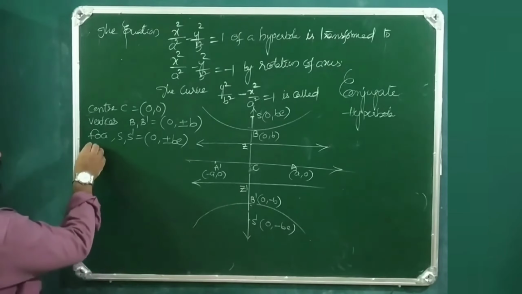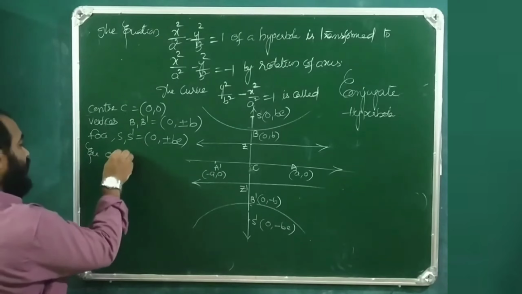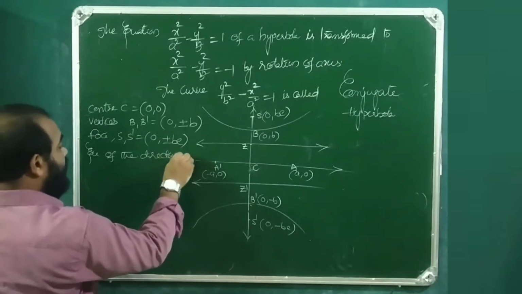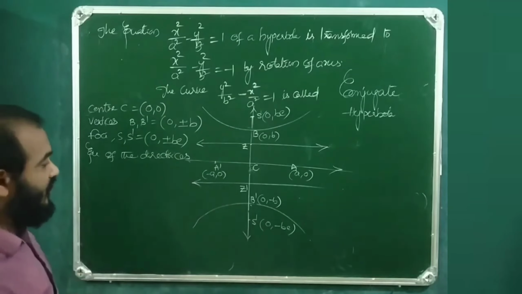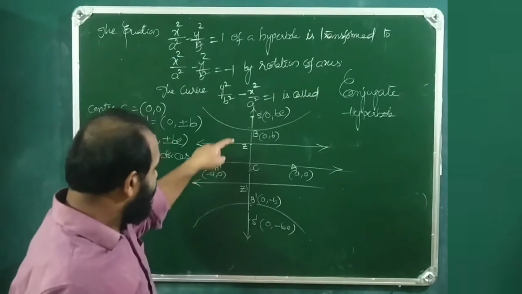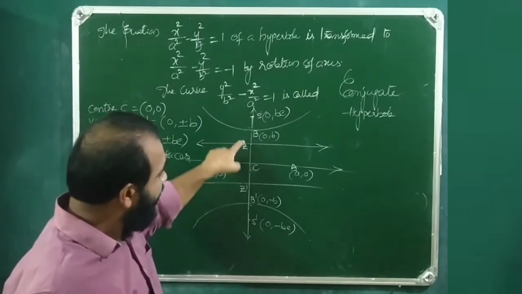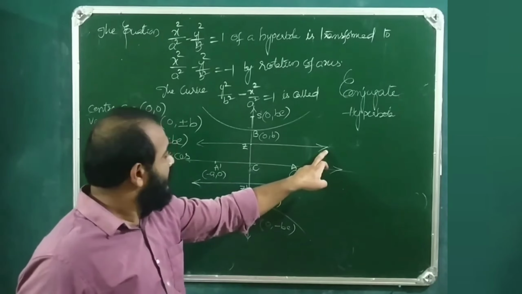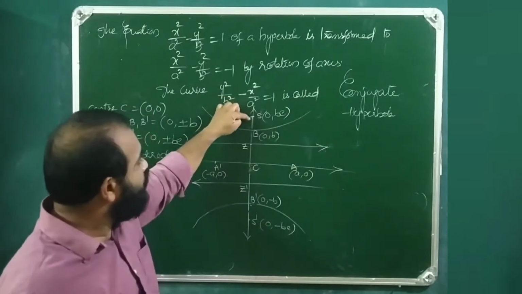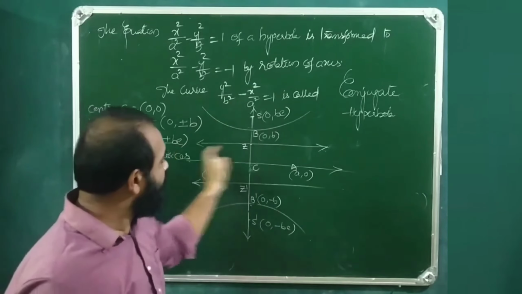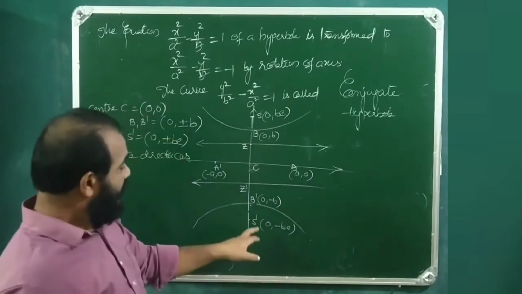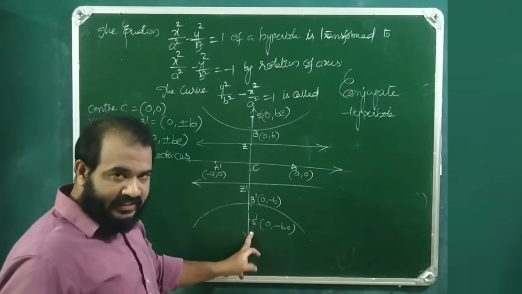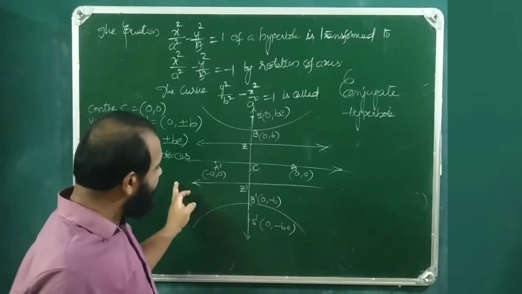Now the equation of the directrices. This line is the directrix of this focus: the focus is the fixed point, and this is the fixed line. So this S dash is the fixed point, and its corresponding directrix is this.